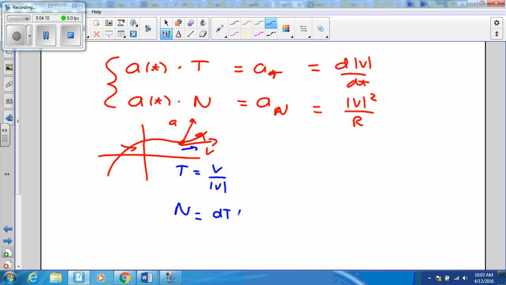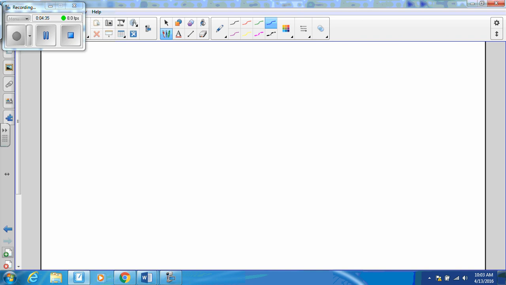And then I can construct the normal vector as the rate of change of the tangent vector. So here's my normal vector, here's my tangent vector, and the projection of a onto the tangent vector is a sub T, and the projection of a onto the normal vector is a sub n. This page is purely optional material.